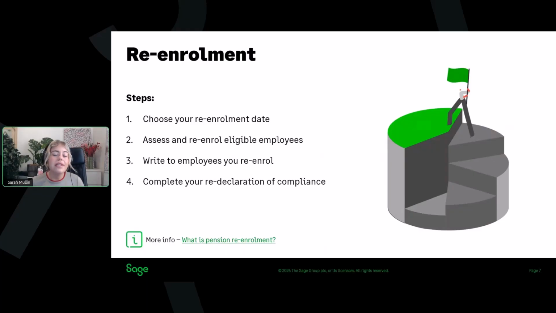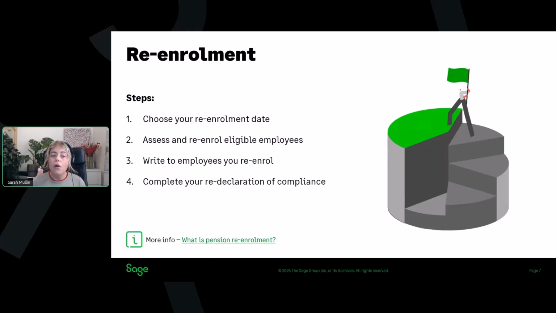Secondly is, of course, assessing and re-enrolling any eligible employees. Third is writing to your employees that you are re-enrolling, so letting them know what's happened and that they can, of course, opt out again if they wish.